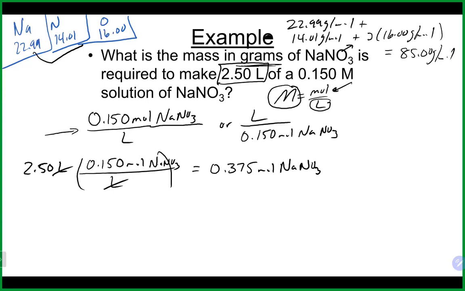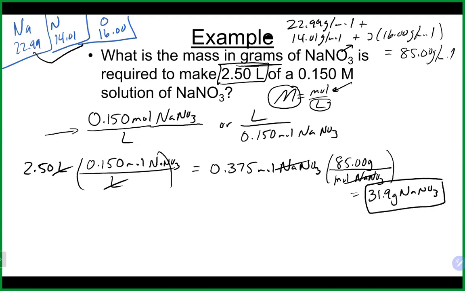So we're going to use the molar mass from the periodic table to do the last step here to find how many grams we would need. And we're going to want grams up on top. So we'll put the 85 grams up top and a mole on the bottom so that they do cancel. And looks like here we end up with about 31.9 grams of sodium nitrate is needed in this case.